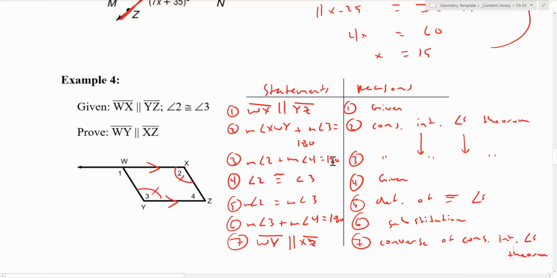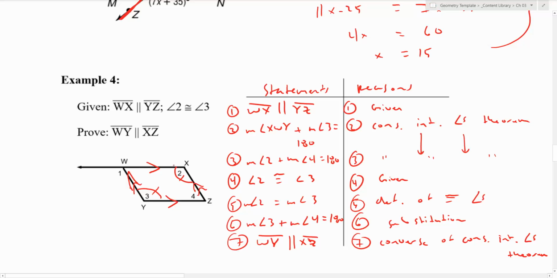Woo! That's a doozy, guys. That's pretty intense. So, once again, we're showing that those lines are parallel. We just proved it. We started off with our given: these two lines are parallel. If those two lines are parallel and they're cut by a transversal, then we can say that their consecutive interior angles are supplementary.